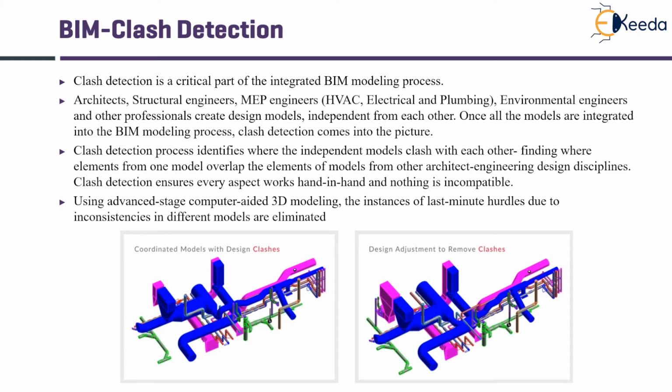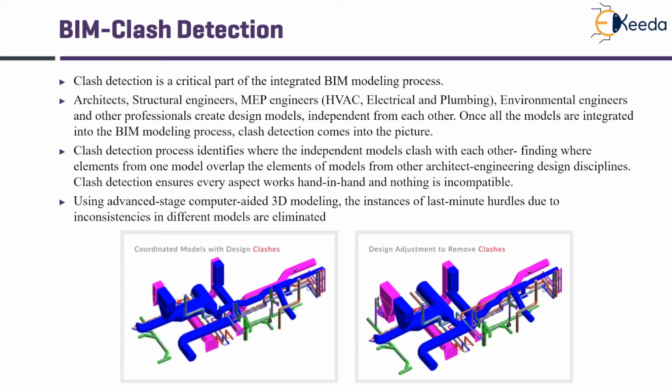That is, when different types of stakeholders and consultants like your architects, structural engineers, MEP engineers, environmental engineers work on the same model, they tend to prepare different versions of it. At the end, all these versions have to be integrated into one single model.